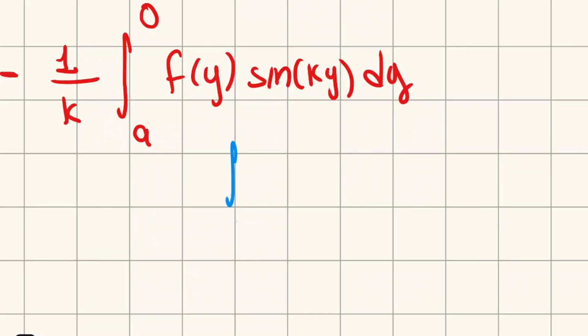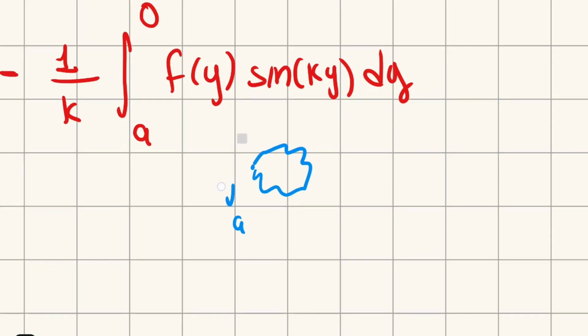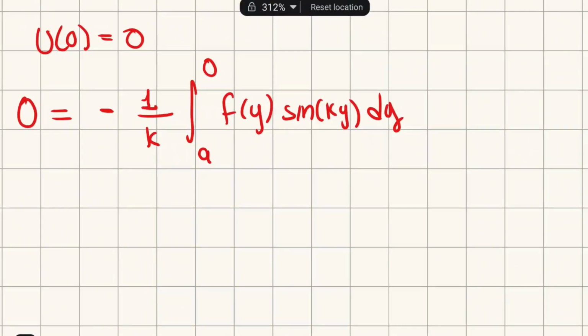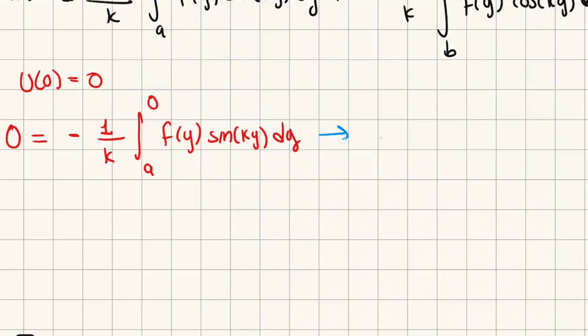Because we know that when we have the same limits of integration, we get 0. In this way, it doesn't matter what function we have inside. And given that we do not know the form of f of y, we have no other option than to consider that a needs to be equal to 0 for this to be 0 all the time. So this is telling us that a is equal to 0.